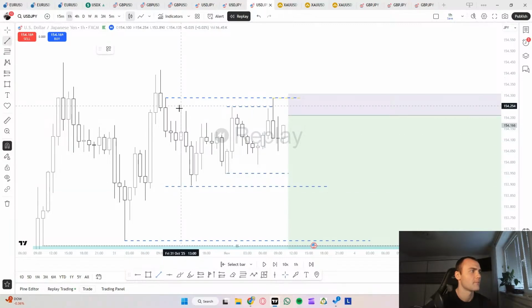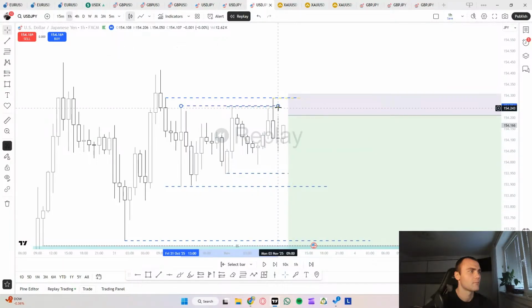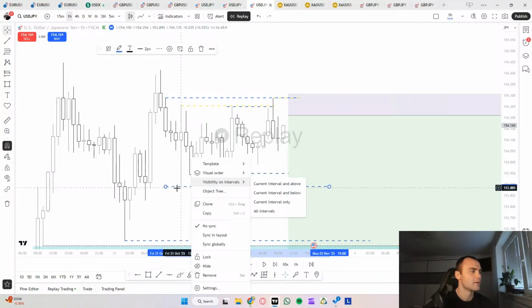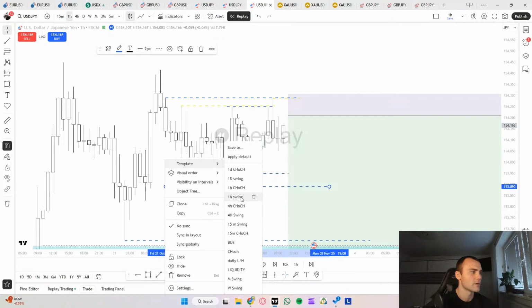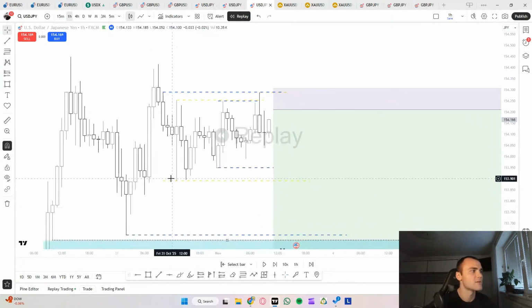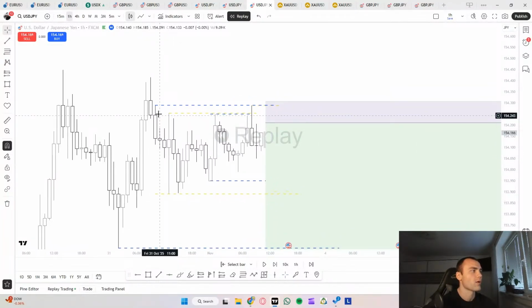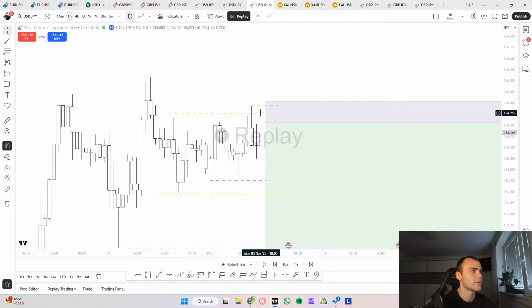I'm gonna make it a 1 hour range, and also this one I am gonna transform into a 1 hour range because it's visible on 1 hour. And what is very, very visible is this. And this one I'm gonna transform also into 1 hour. Actually, it's here, but I'm gonna delete. No, it's not.